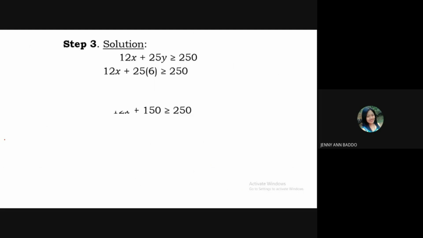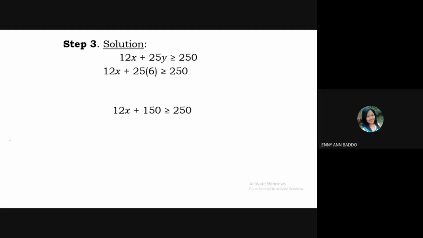Next step, we have the solution. Considering the mathematical sentence, 12x plus 25y is greater than or equal to 250, we will now substitute 6 for y because there are already 6 necklaces that were sold. So that's 12x plus 25 times 6 is greater than or equal to 250.